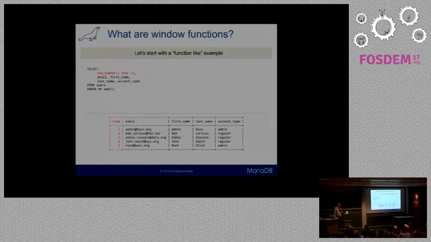Now, the problem here is that we have not defined an order for this window function. The order here that you see, 1, 2, 3, 4, 5, is not deterministic. These rows can actually come up in this order, 2, 1, 3, 5, 4. At the same time, you could get a reverse result.